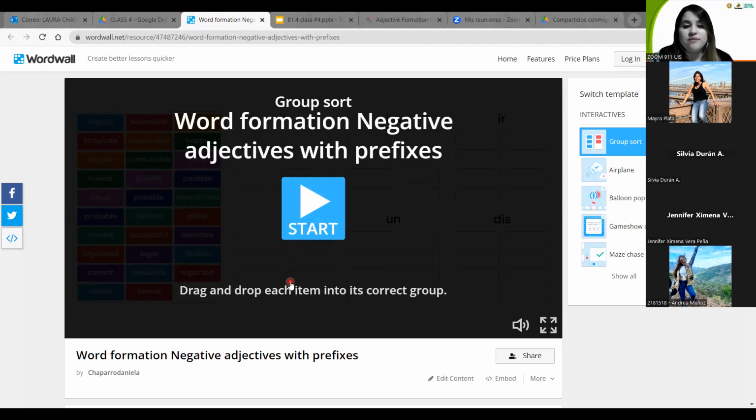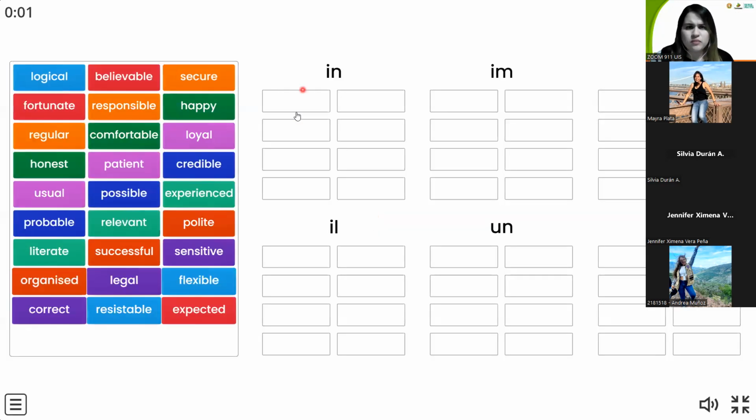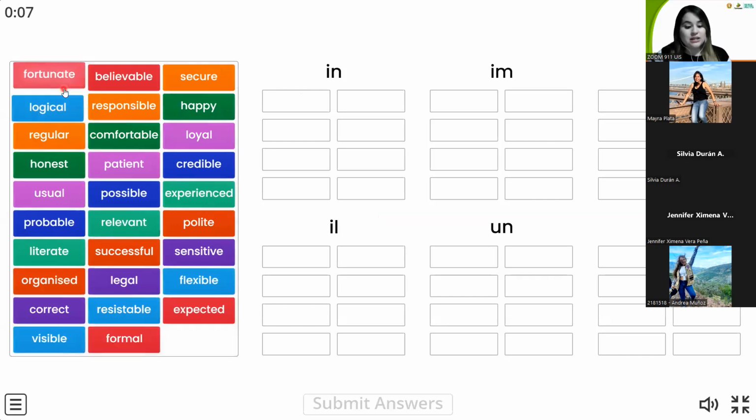The idea of the activity is that you are going to drag and drop each item into its correct group. So I'm going to make it bigger and then you are going to click on start. And then you are going to drag and drop these adjectives here.